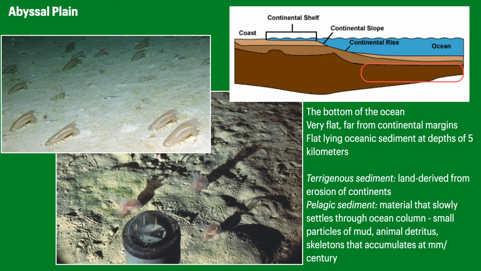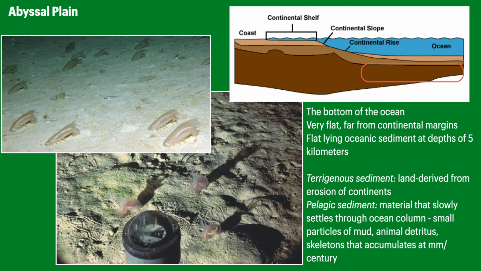And the sediment in the oceans can kind of be two flavors. One of them is called terrigenous sediment. That's sediment derived from eroding the continents. And then the other is called pelagic sediment. Pelagic sediment is material that settles through the ocean column. It might be some of the mud that's suspended in the ocean. It might be dead animals or animal detritus. It might be skeletons.